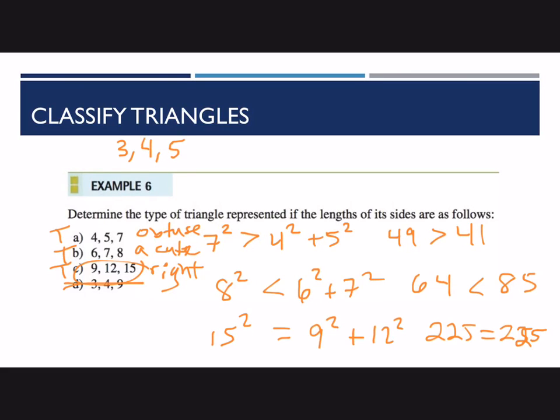And any multiples of that would also be a right triangle. So you can see 9, 12, 15 is just the multiple. If you triple all of those, you get 9, 12, 15. So if you can recognize that, that's another way to check that it's a right triangle without having to go through the actual math to see that A squared plus B squared equals C squared.